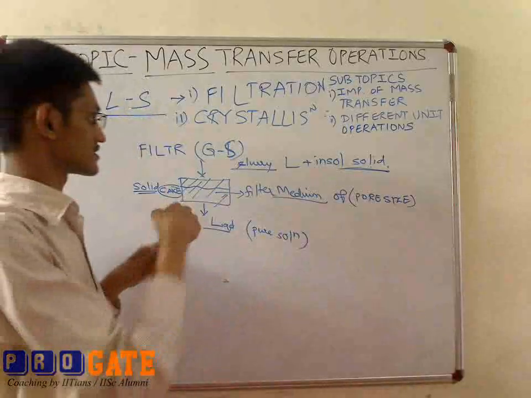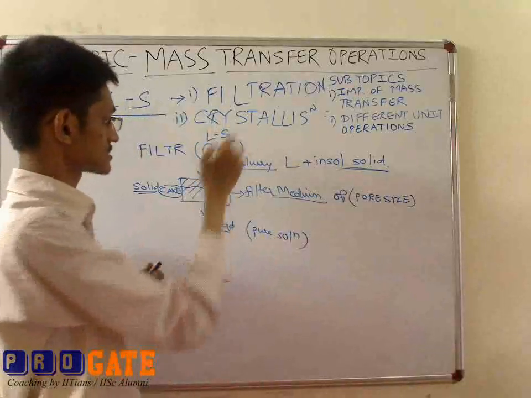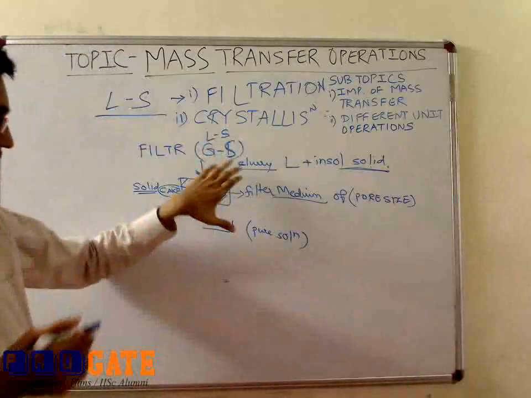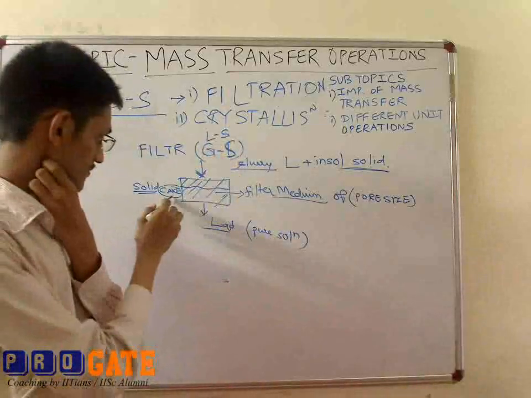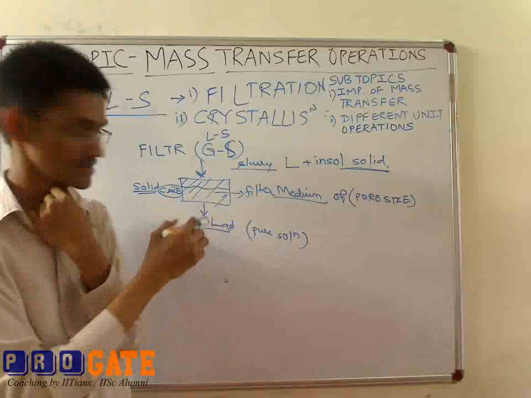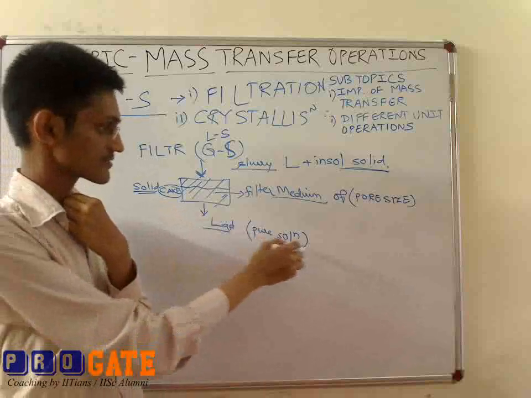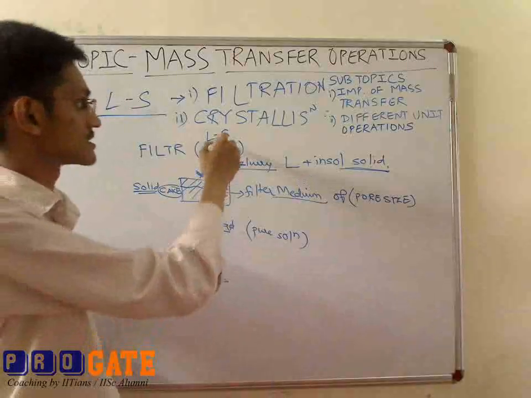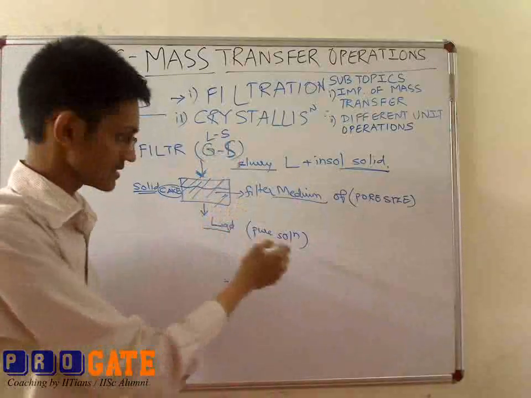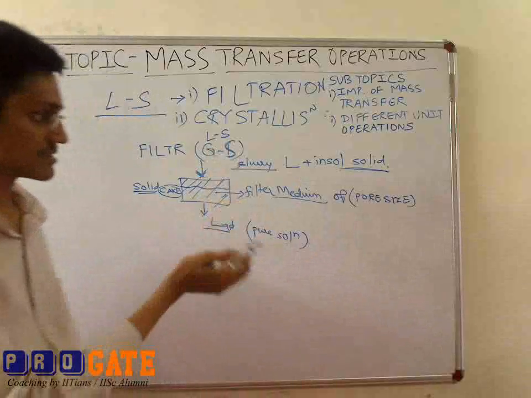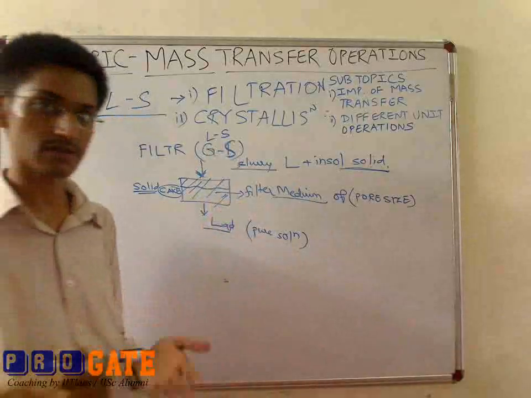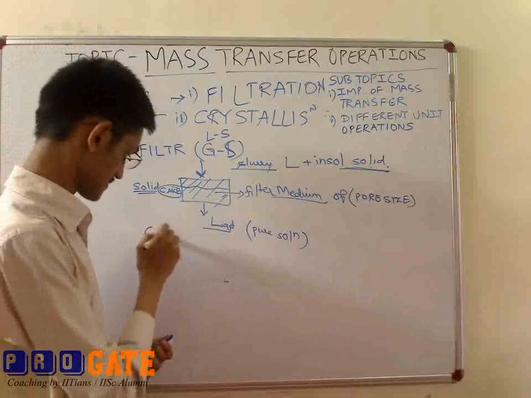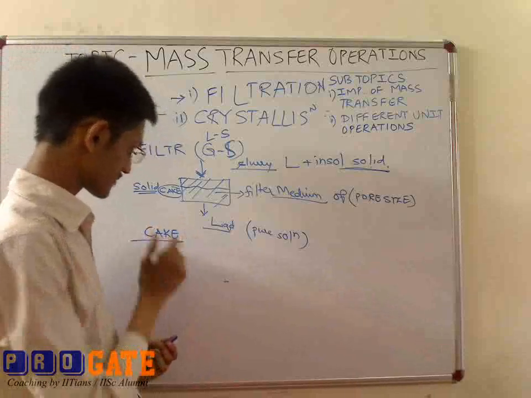You have either liquid plus solid mixture passed to the filter medium. The solid particles get removed, get deposited on the filter medium in the form of the cake, and liquid as a pure solution is obtained. So there is transfer of solute from the liquid phase to the solid phase, and hence you get the change in the composition of the liquid feed. Now this cake again may be further purified.